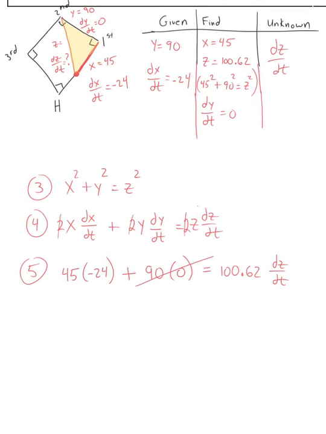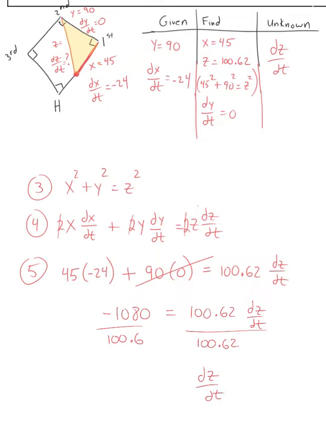We know that 45 times negative 24 is going to give us negative 1080. We bring down 100.62 times dz dt, and then we simply divide both sides by 100.62 so dz dt is by itself.